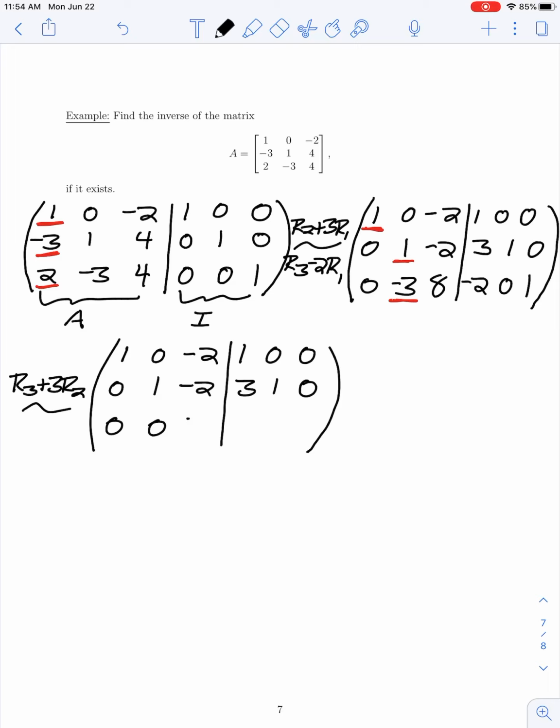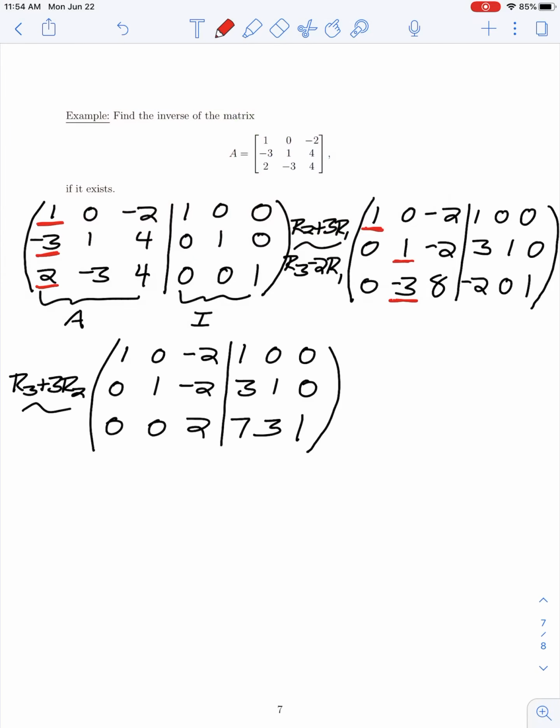And my third row, when I perform this operation, becomes 0, 0, -6 plus 8 leaves me with a 2. And on the right-hand side, when we perform this, we would have 9 minus 2 is 7, 3 plus 0 is 3, and 0 plus 1 is 1.